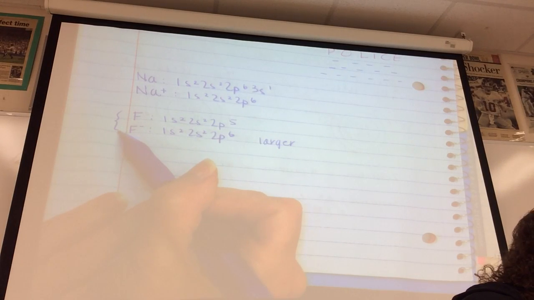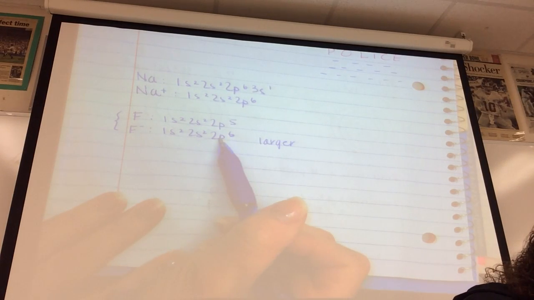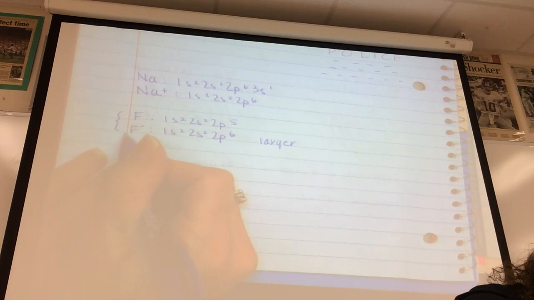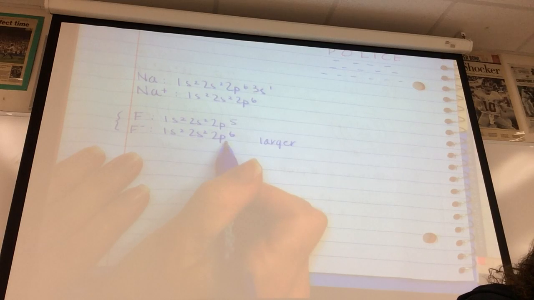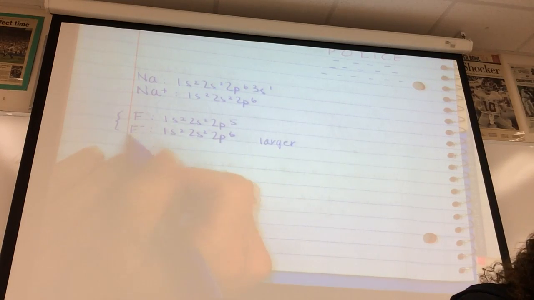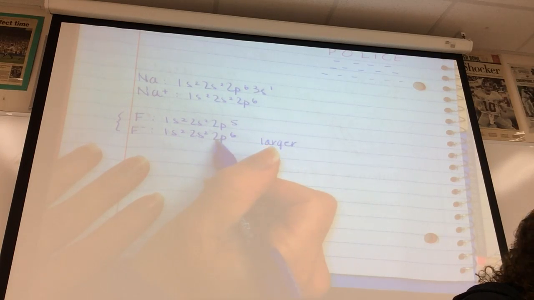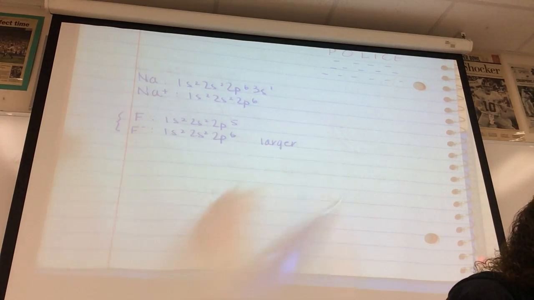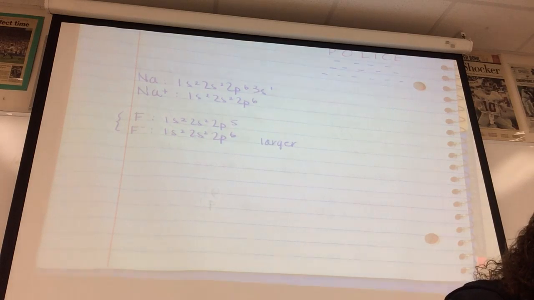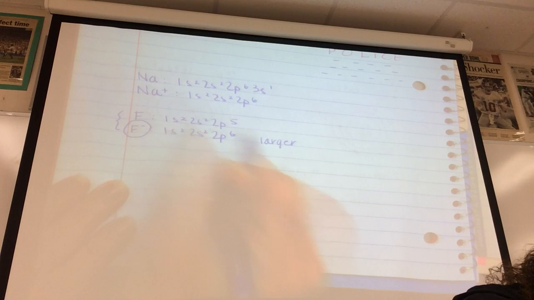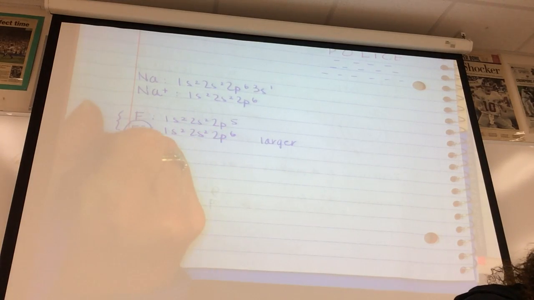The effective nuclear charge is the same, and you've added another electron to the shell, which introduces more electron-electron repulsion. They push off one another, and the radius grows. So an anion is always larger than the corresponding element.